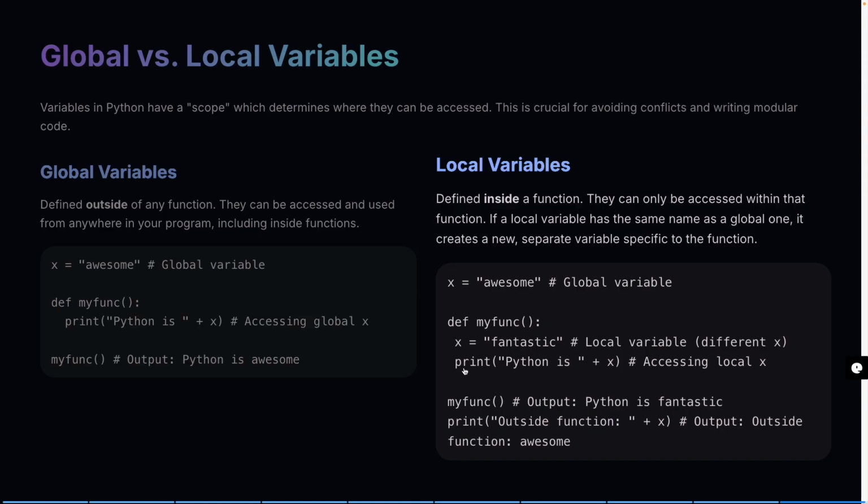When we call this function, we get the output: Python is fantastic. But we also have the global variable x equal to awesome. So when we print it outside the function, we get the global value, because this x has been called, not the local one.